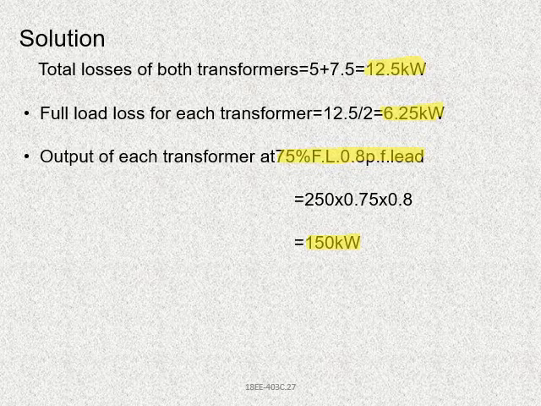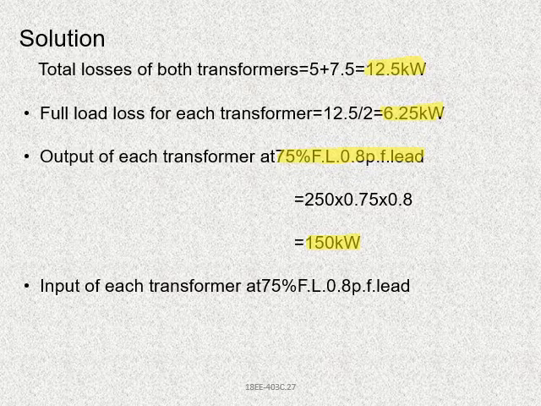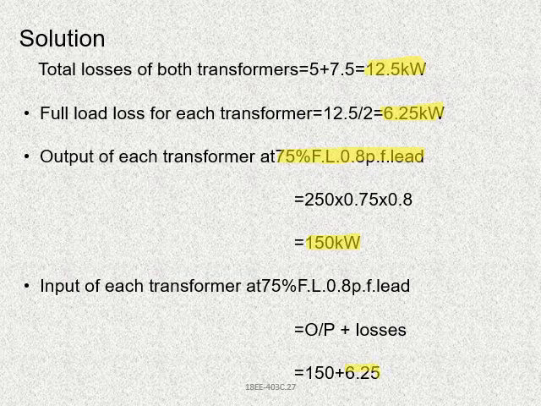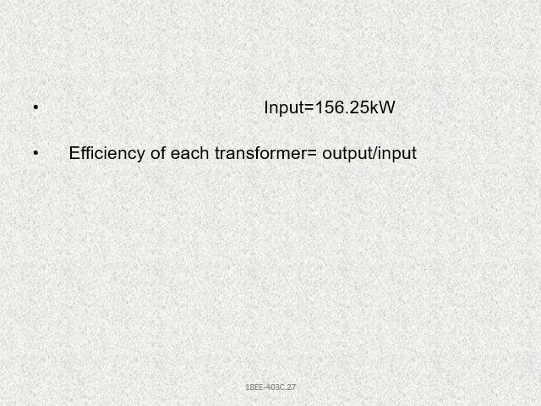Now we have output in our hand and the losses in our hand. We can easily find the input. So the input of each transformer at 75% of full load is output plus losses. The output is 150 and the losses are 6.25 kW. This is for each transformer, since 250 kVA is for each transformer. Now we have the input also in our hand, about 156.25 kW.